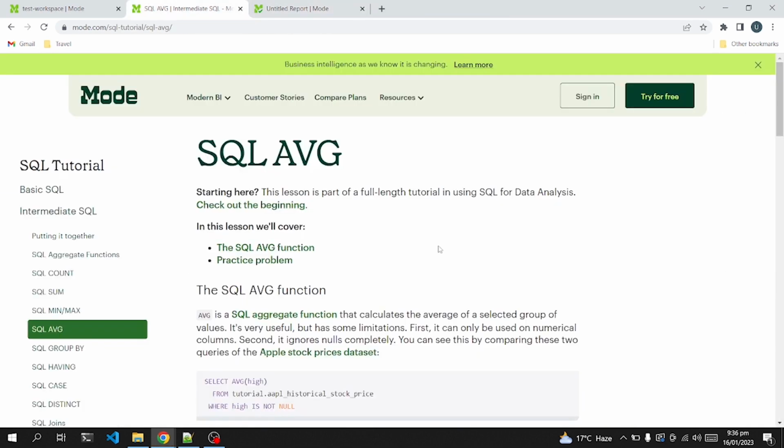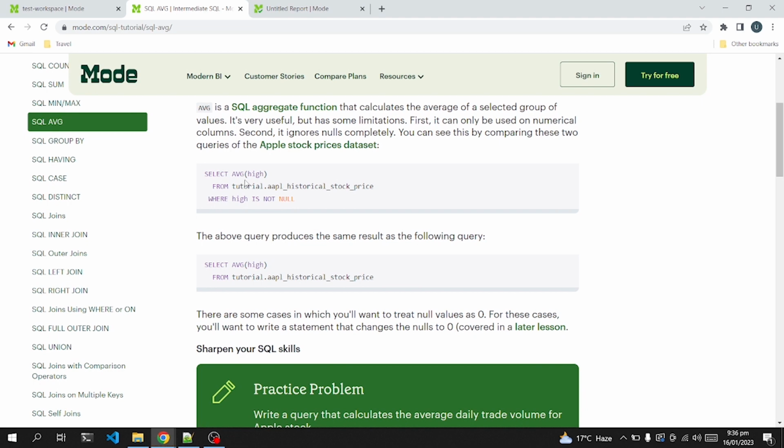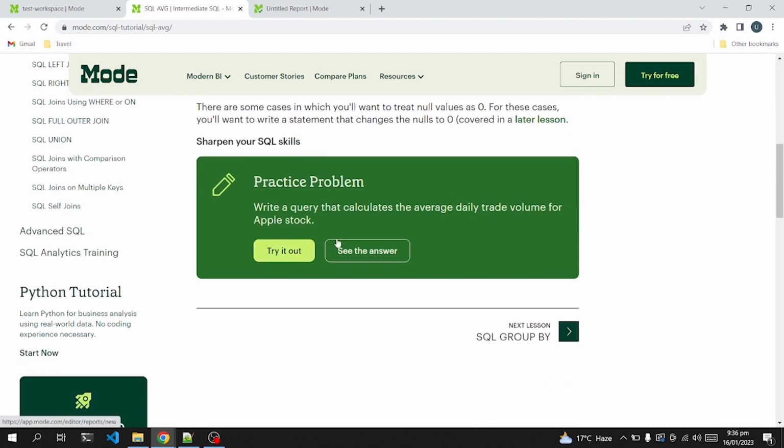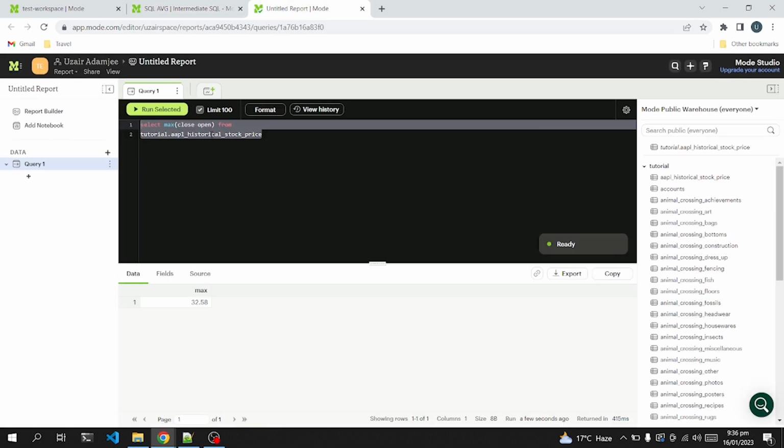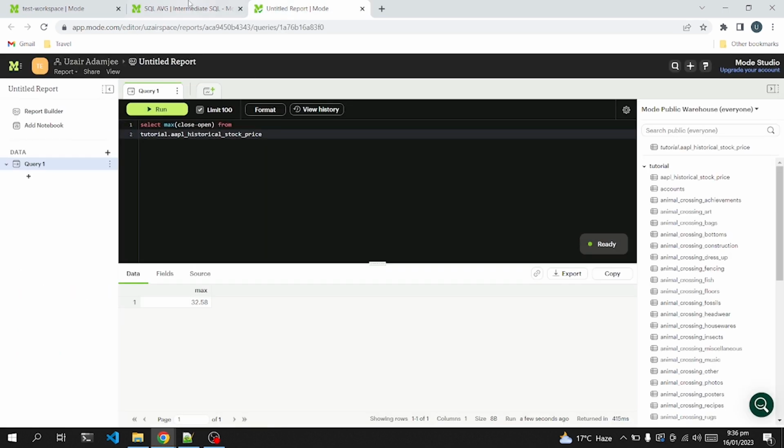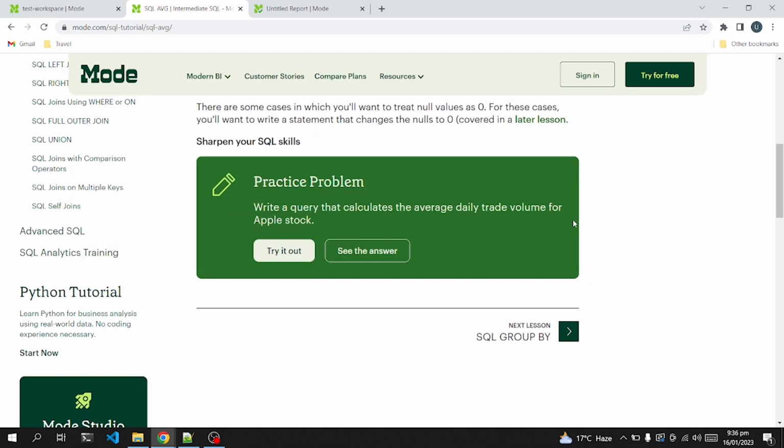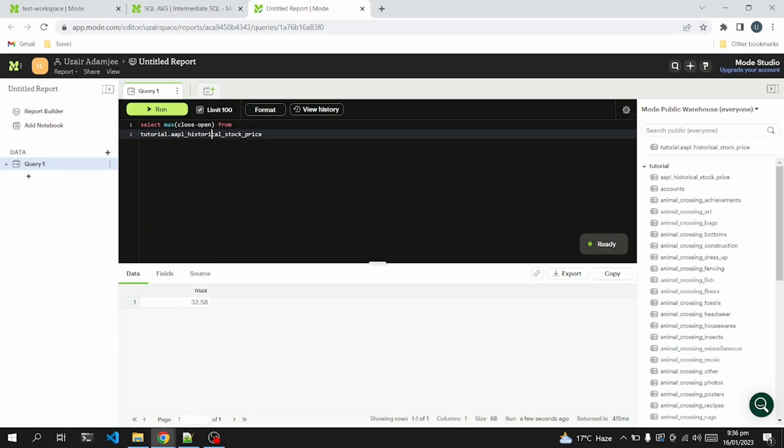The next problem is average. Write a query that calculates the average daily trade volume for Apple stock. Okay, we have to find the average daily trade volume. So we will use average and take the average of the volume column.